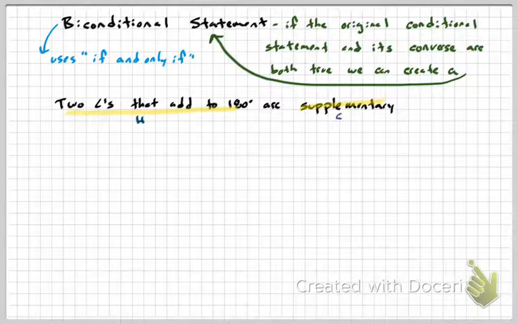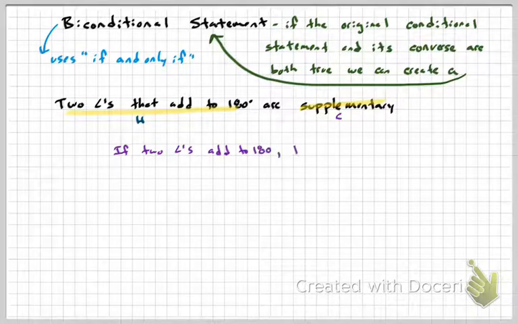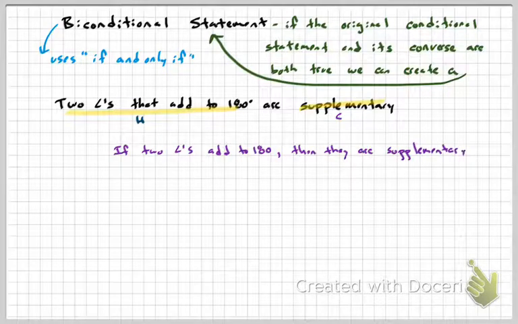I conclude that they're supplementary if they add to 180. So if two angles add to 180, then they are supplementary. That's an original conditional statement. So OC, we'll call that the original conditional.